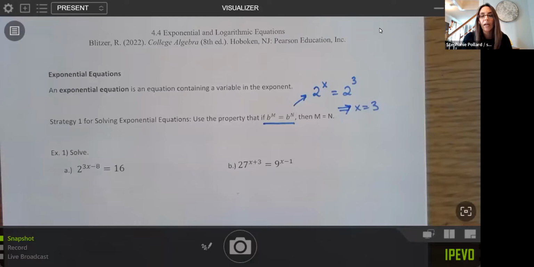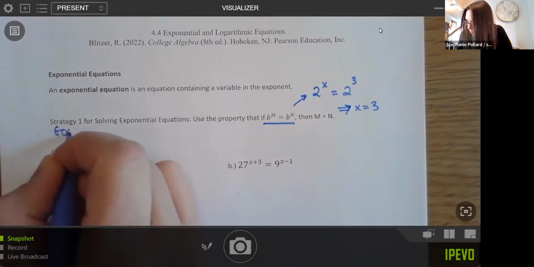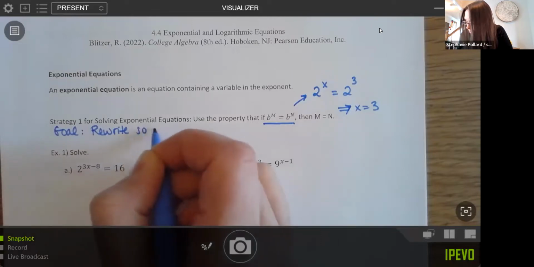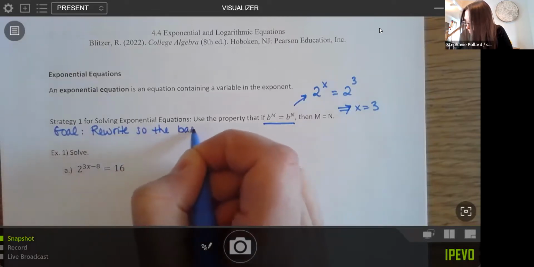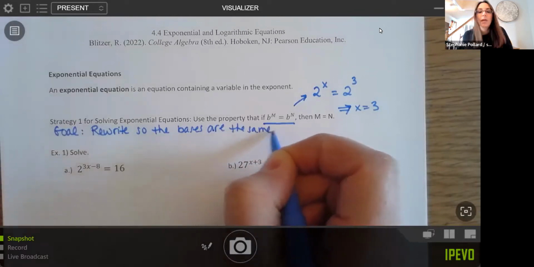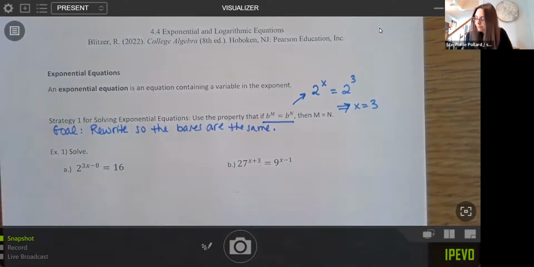Your goal here is to try to make it so that the bases are the same. That's our main goal using this strategy.